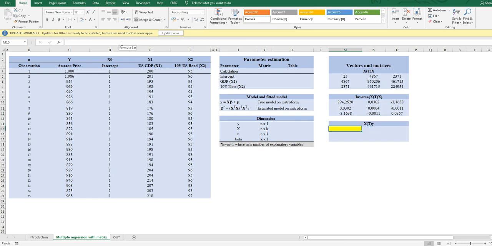So in the last one, the right hand side, X transpose times Y, it's a 3 times 25 times 25 times 3. It's also a 3 times 3. No, it's not. Sorry, it's a 3 times 1. 3 times 25 times 25 times 1 is 3 times 1.